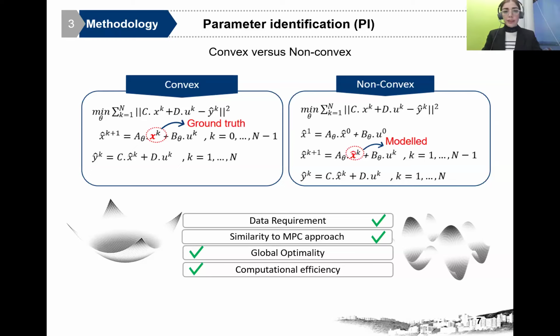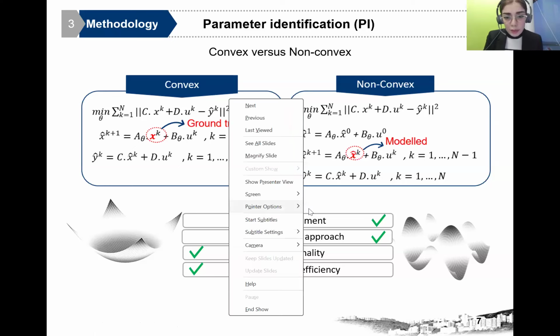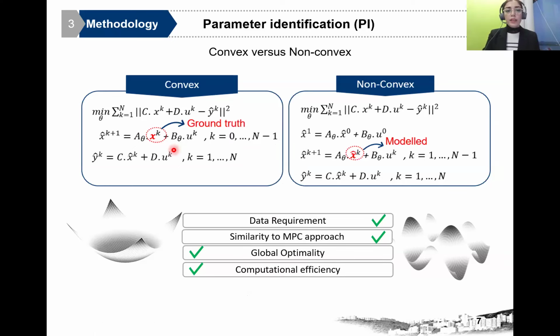Okay, in our optimization model, the optimization variables are the parameters of the model, which are A, B, C, and D here. And as you can see in these optimization models, we want to find these parameters.